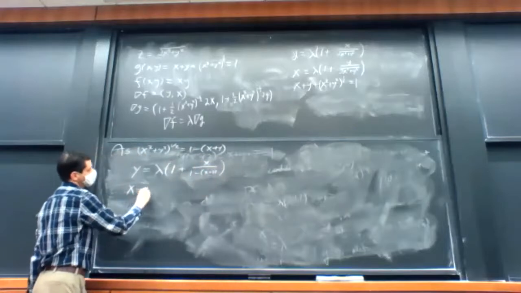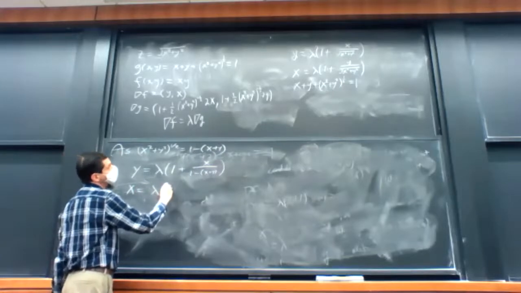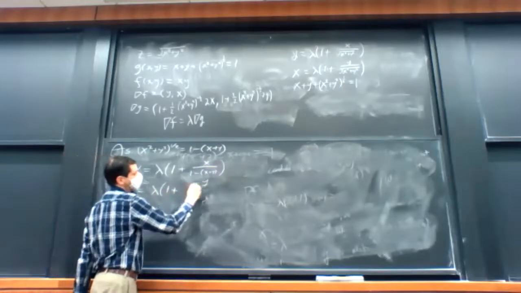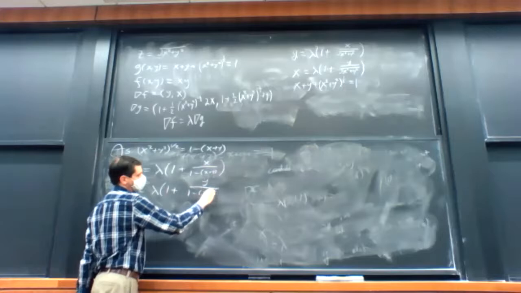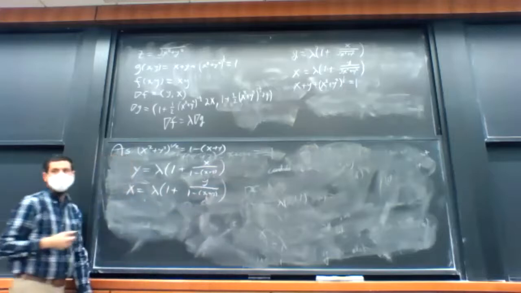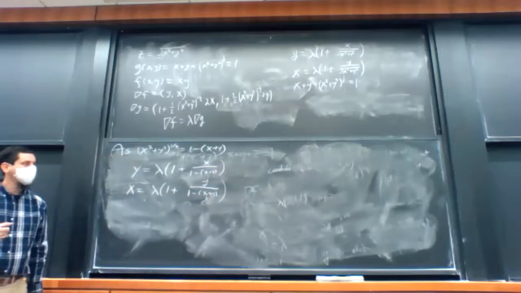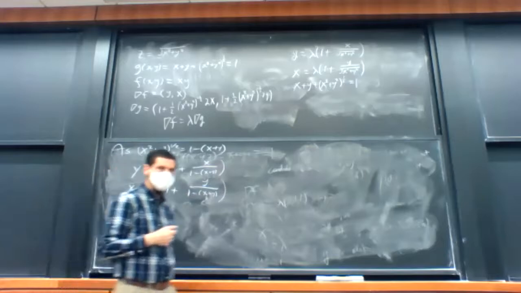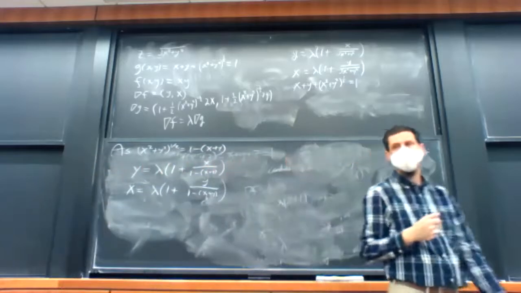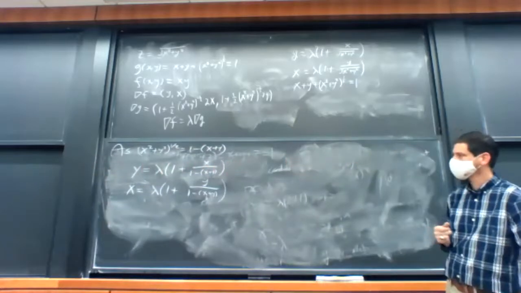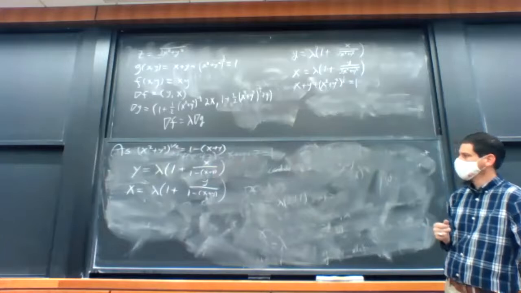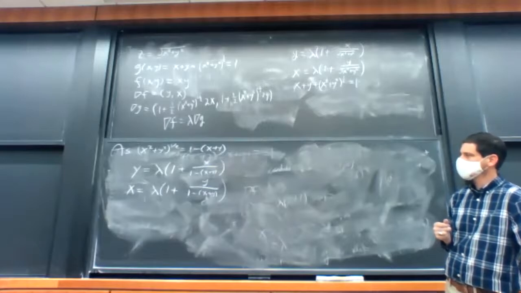And then x equals lambda times 1 plus y over 1 minus x plus y. And I'm writing it as quantity x plus y because I have an idea of what might be useful later. Any thoughts about what to try next?